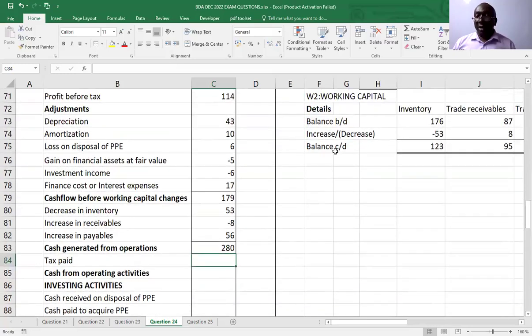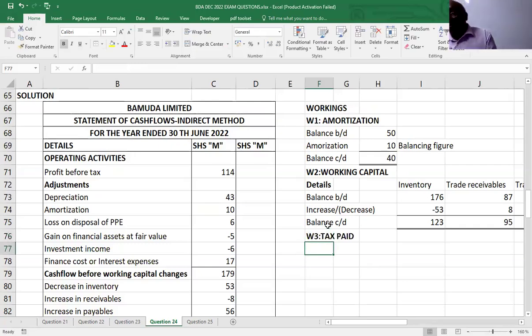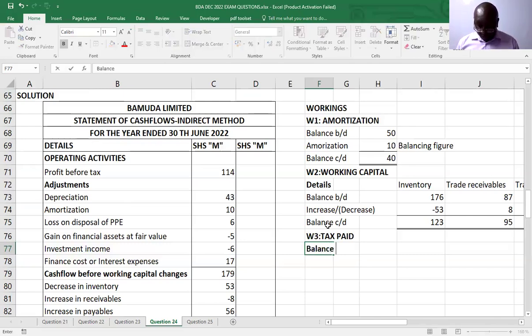That will require a working, the tax paid. So working 3. Tax paid. So tax paid, this is how we go about it. We start with opening balance or balance brought down.